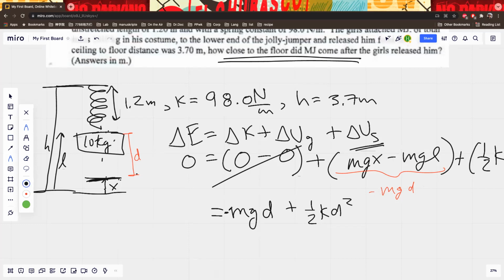So then we can solve for D, which is the distance. So let's remove that and remove that by dividing everything by D and multiplying everything by 2. So then we have 2mg equals kd.